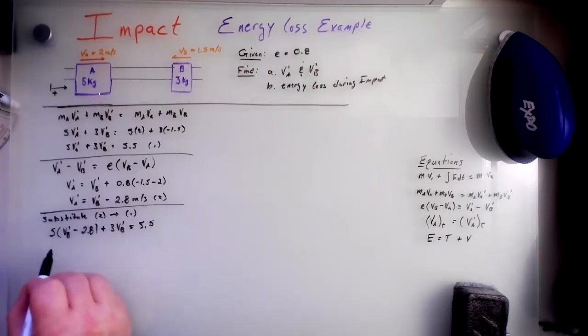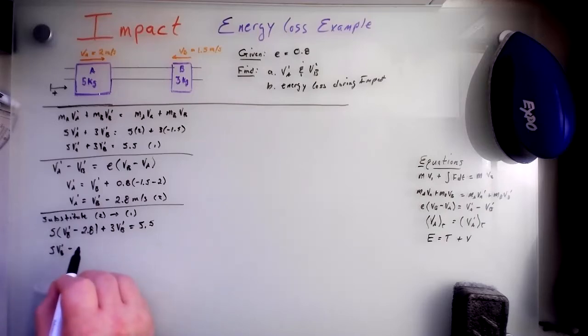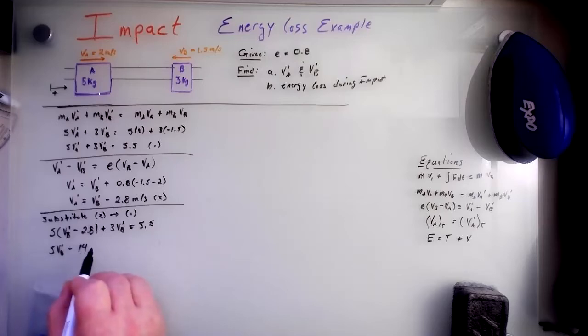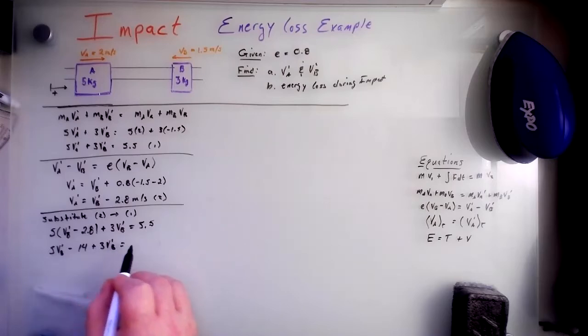So 5 VB prime minus 14 plus 3 VB prime equals 5.5.